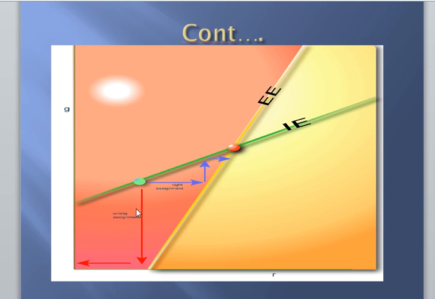That means this is the wrong selection of policies. From this point the economy will move along this path, and the economy reaches, in the end, the simultaneous achievement of both balances.